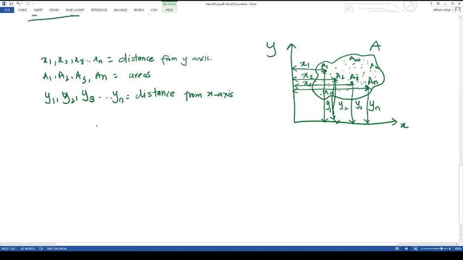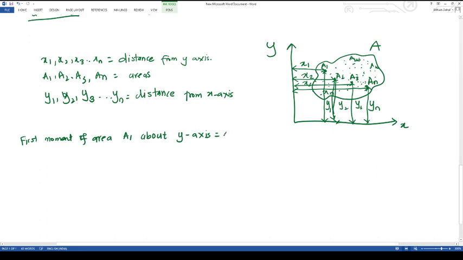So from all this given data, the first moment of area A1 about the y-axis is equal to, I'm looking at it from this direction, this is the y direction, this distance times the area.